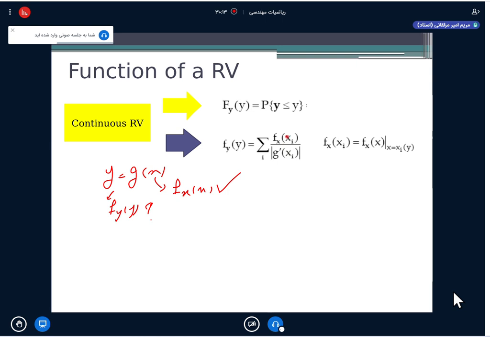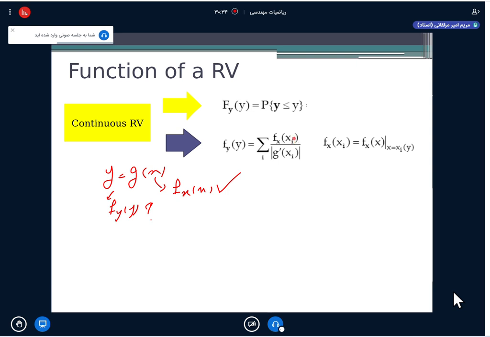This formula is clear, but what we should know is x_i. At the numerator, we have the PDF function, and at the denominator, we have g prime, the derivative of g.